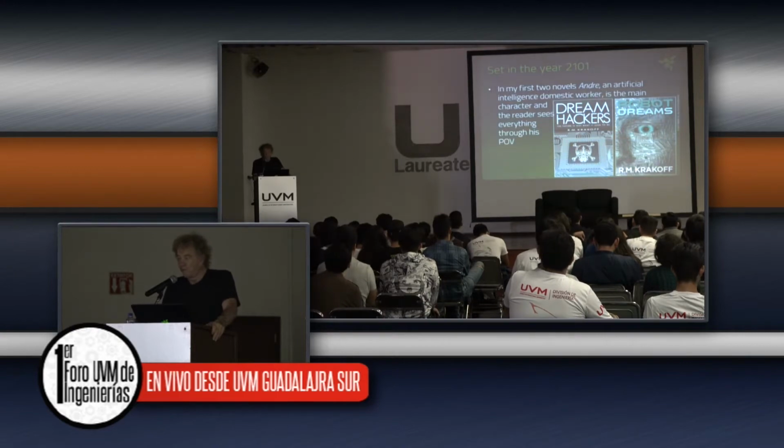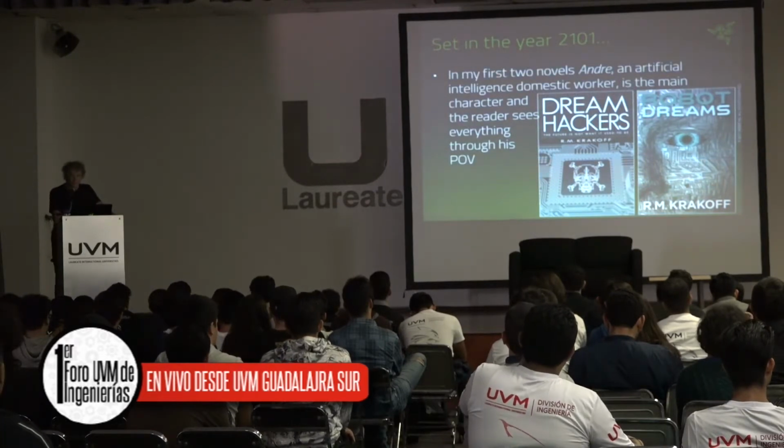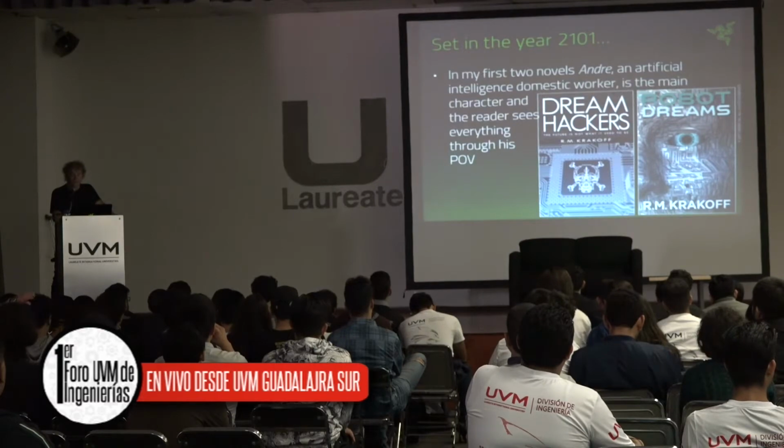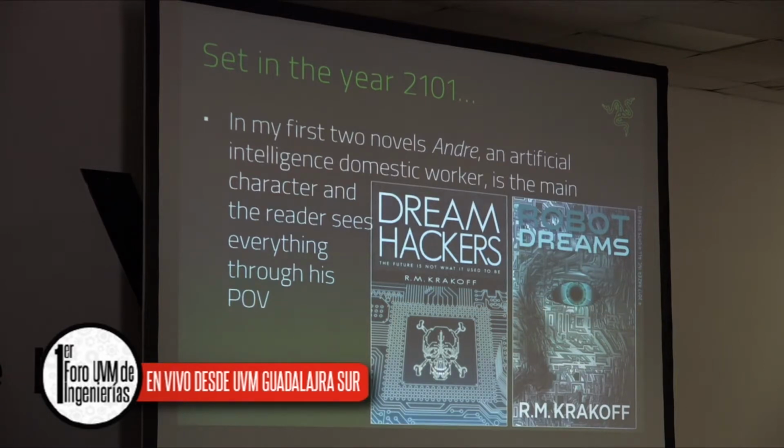The first two books I've written take place in the year 2101. My key character is a humanoid by the name of Andre. He's a domestic worker, an artificial intelligent domestic worker. He is the main character, and the reader would see everything through his point of view.